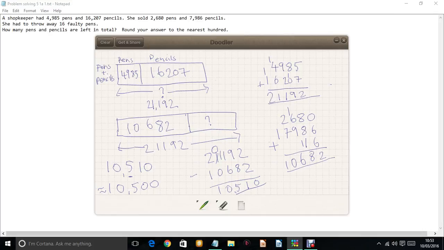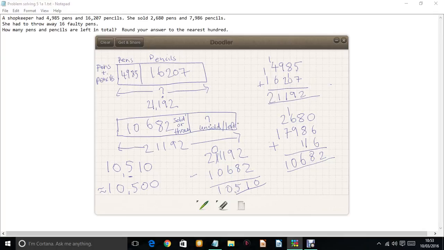What I've done here is I've split them into sold or thrown, and this is unsold or left.